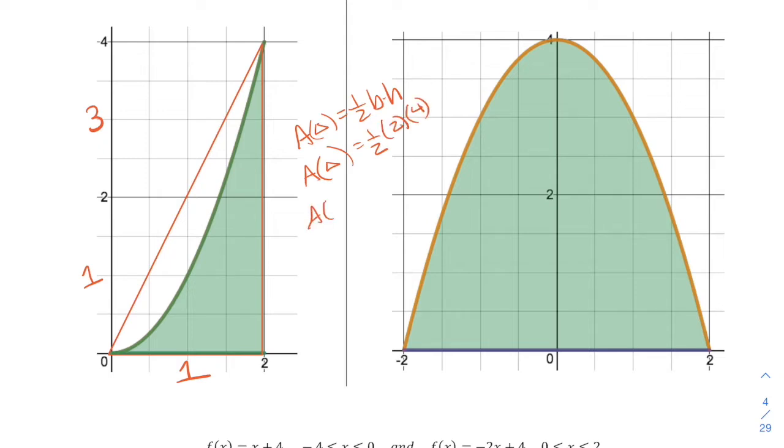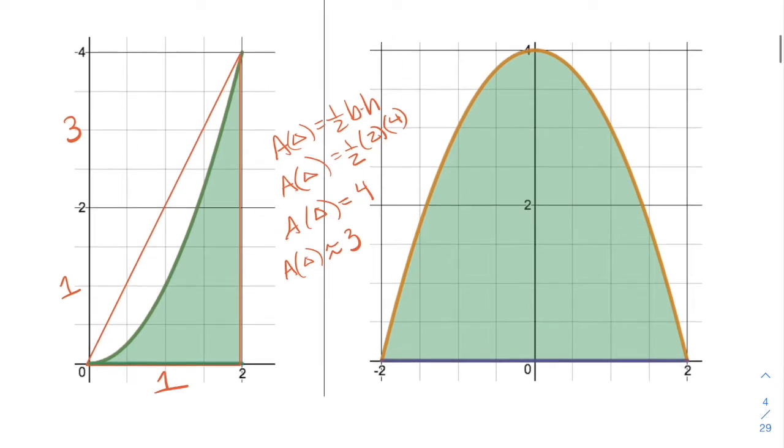So the area of a triangle here is 4 units. But it's going to be less than that. So students will say, well, if that's 4, it's probably about then maybe 3 units. Maybe a little bit less. So that's what students do sometimes to determine the area that they see there.